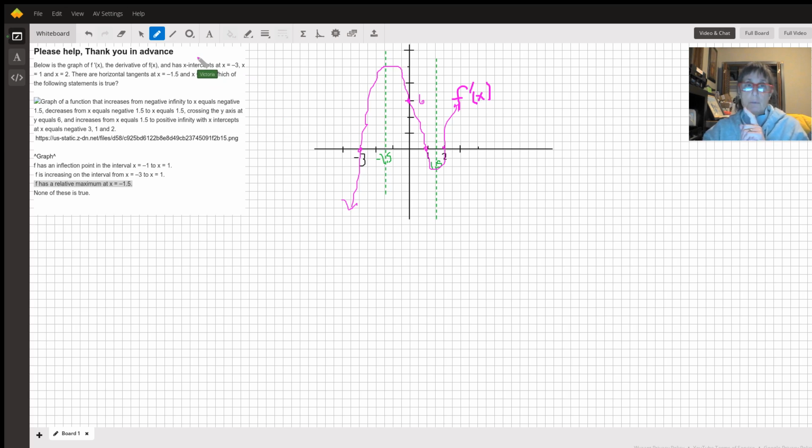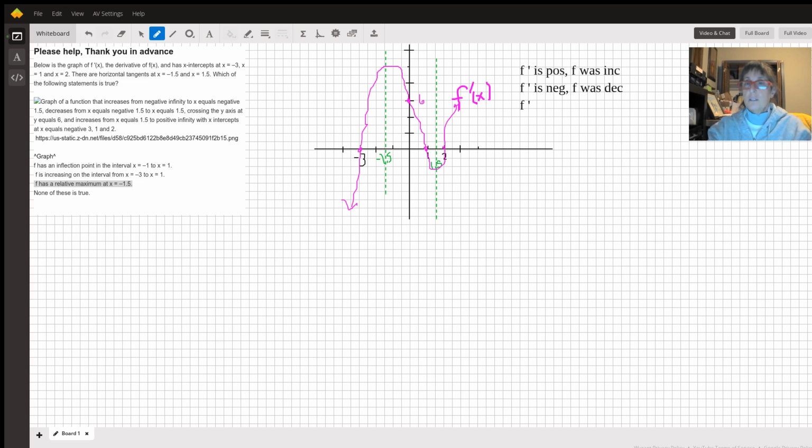Now, here's some truths about how these all relate. If the derivative is positive, that means that the original was increasing. If the derivative is negative, that means that the original f was decreasing.